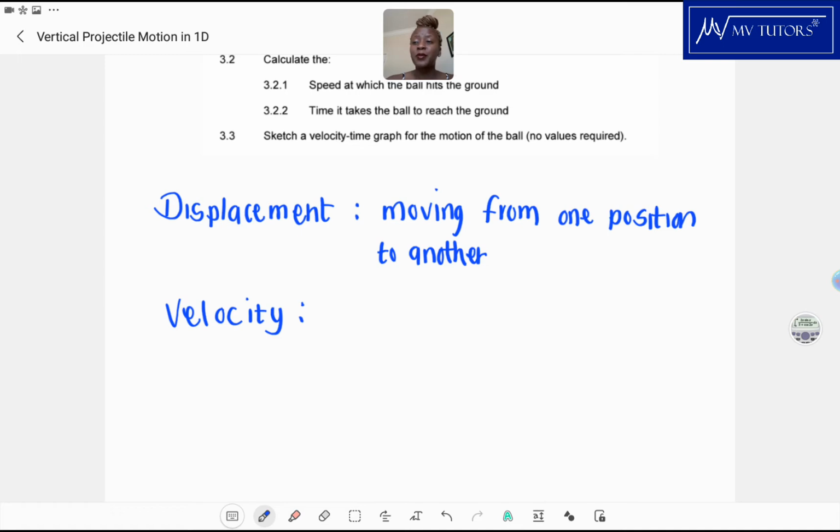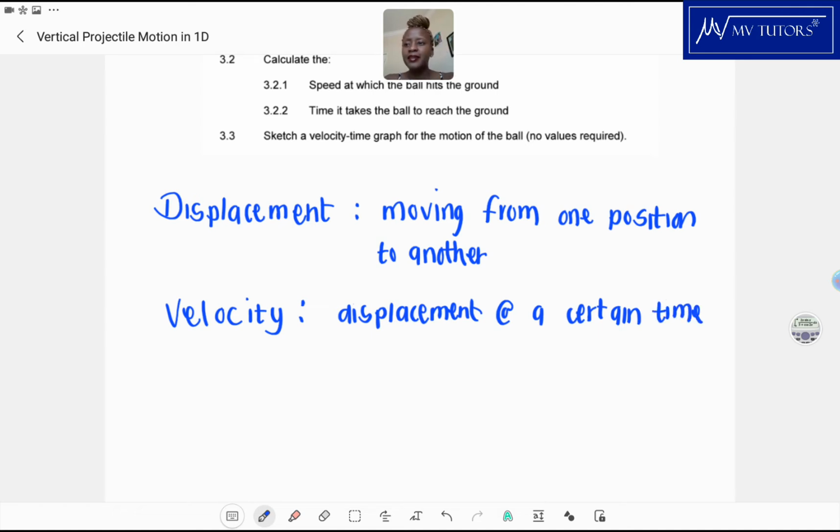So basically, displacement over a certain time.